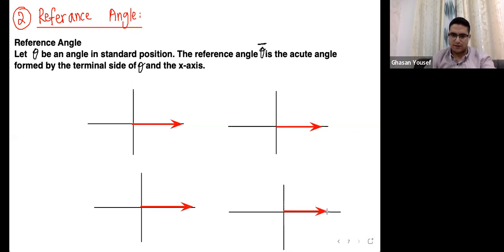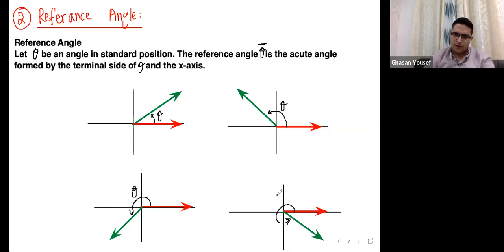And my angle is here. Suppose my angle is like this. So again, this is my angle, theta. This is my angle, theta. And this is my angle, theta.